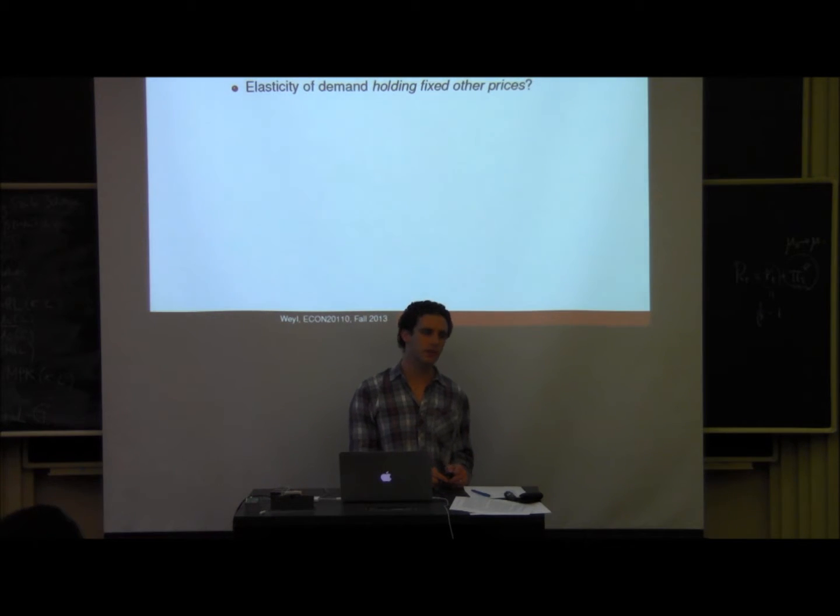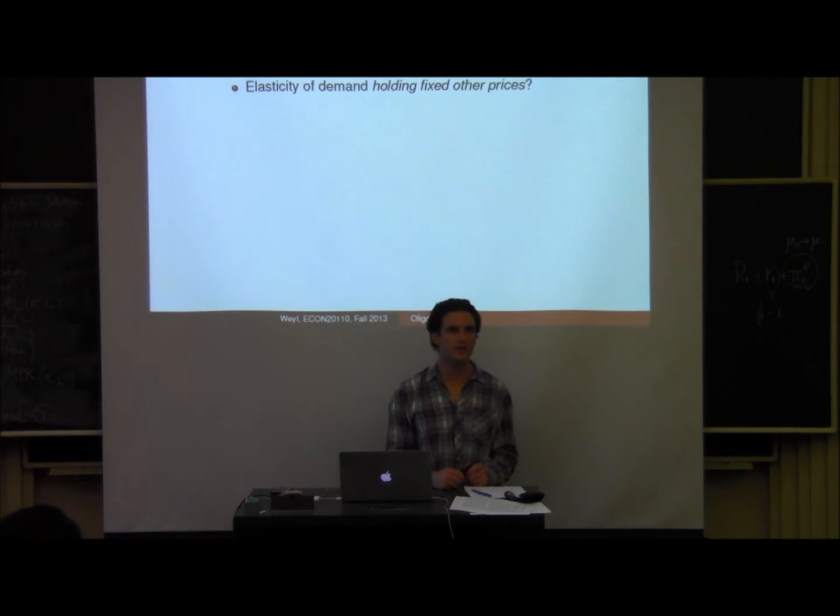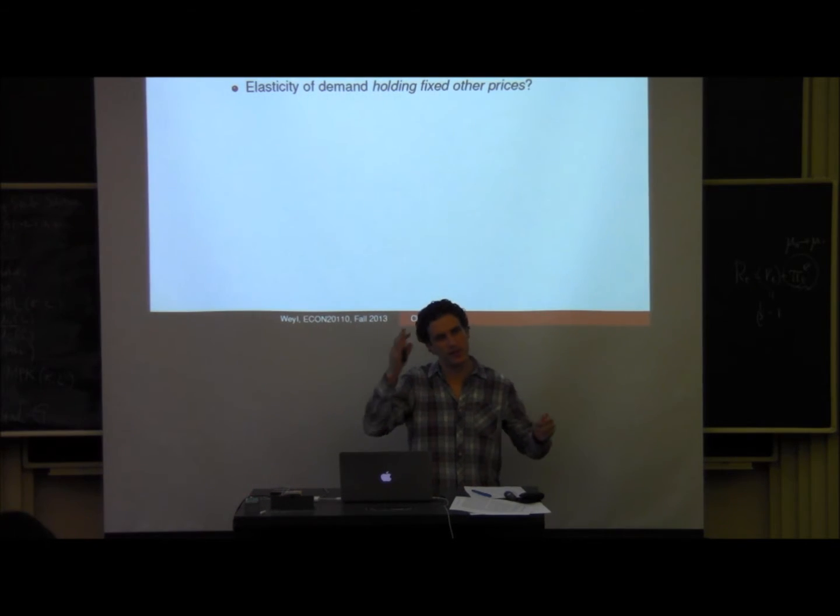So Rishi, what's going to be the elasticity of your demand holding fixed the prices of all other firms? This is the elasticity of the demand facing this monopolist, right? Because he's taking all the other prices as given, and then he's going to charge along this residual demand curve, which holds fixed the prices of all the other firms.